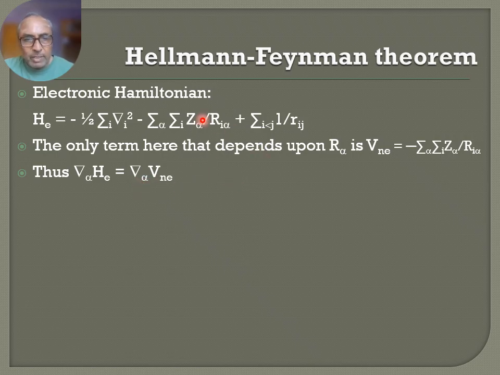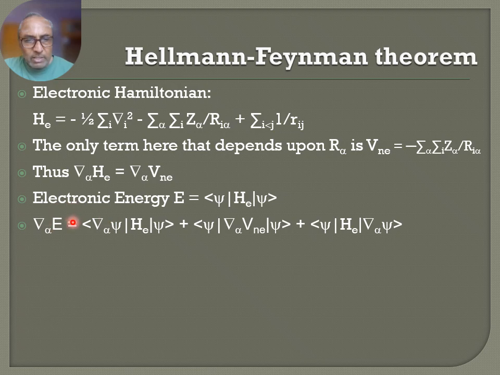Now the expectation value of the electronic Hamiltonian is the electronic energy E. Therefore, the gradient of the electronic energy with respect to the nuclear coordinates, that is del alpha E, is given by differentiating this equation by parts with respect to R alpha, and that gives the differential of the bra times this, plus the differential of the electronic Hamiltonian, which gives this term, plus the differential of the ket times this.